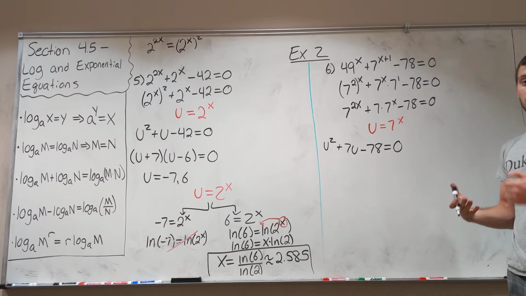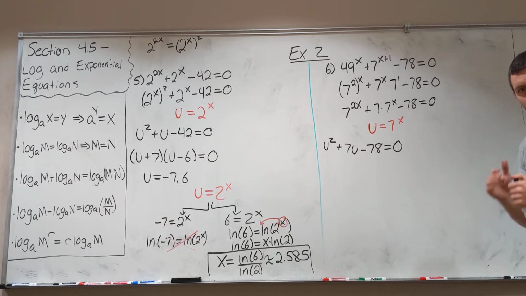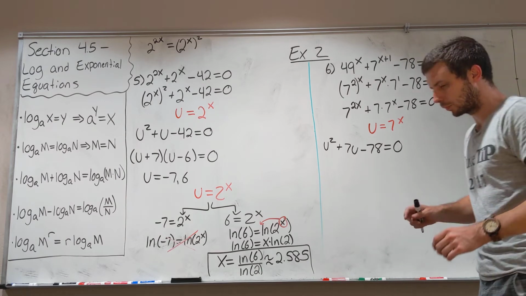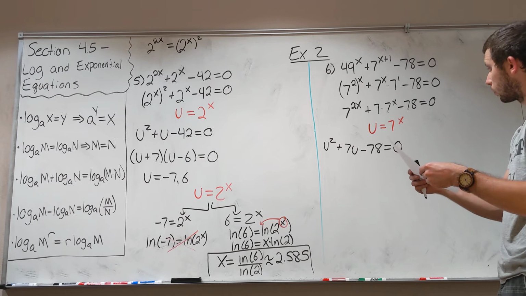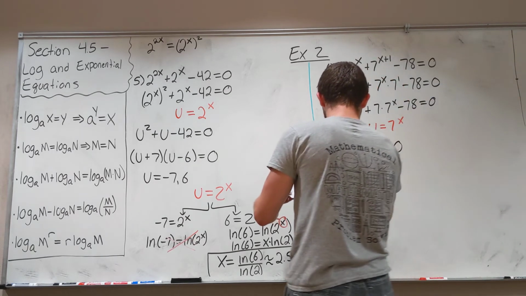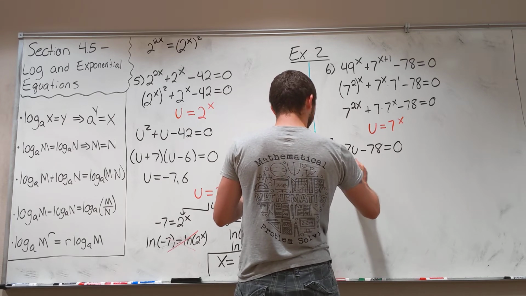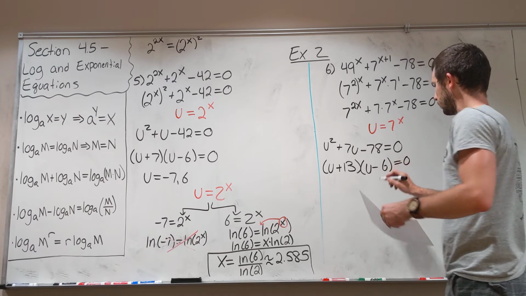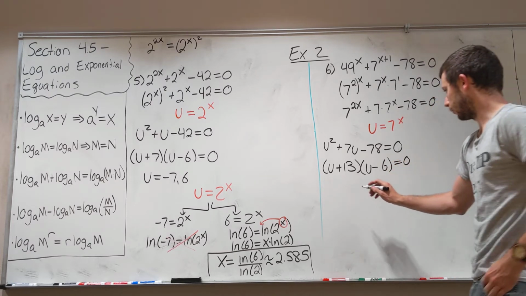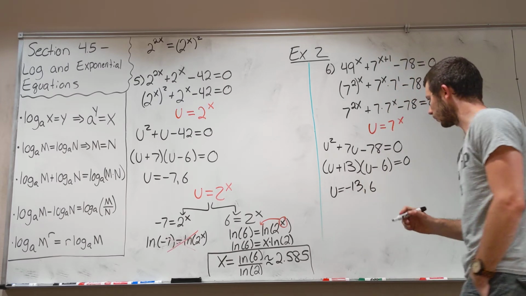So these problems, they're definitely a bit intricate, and that's why I'm trying to explain it very slowly. We can go ahead and factor this though. I think it was 6 and 13 for problem 6, yes. So this was u plus 13 and u minus 6 for the factorization, which gives us u is equal to negative 13 and positive 6.